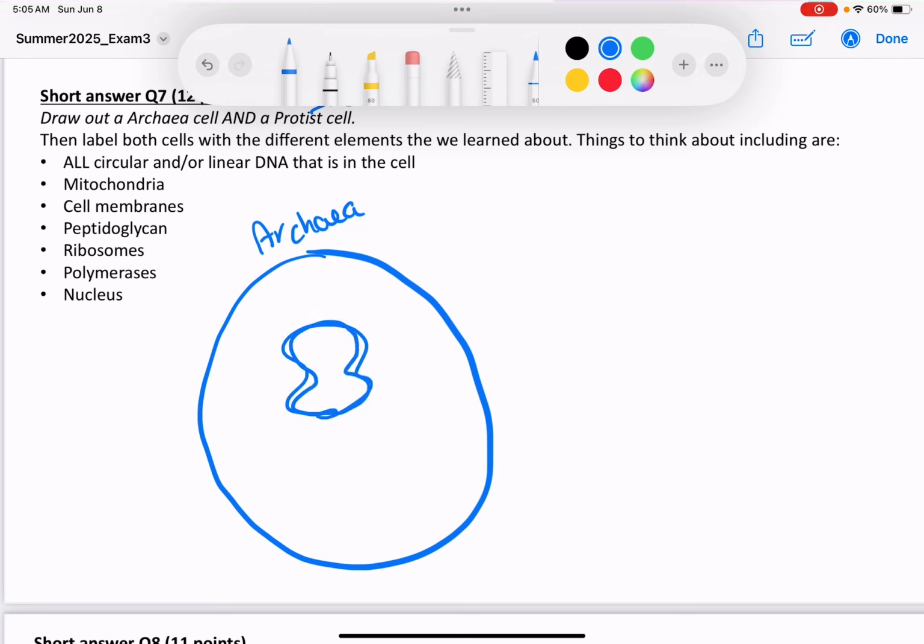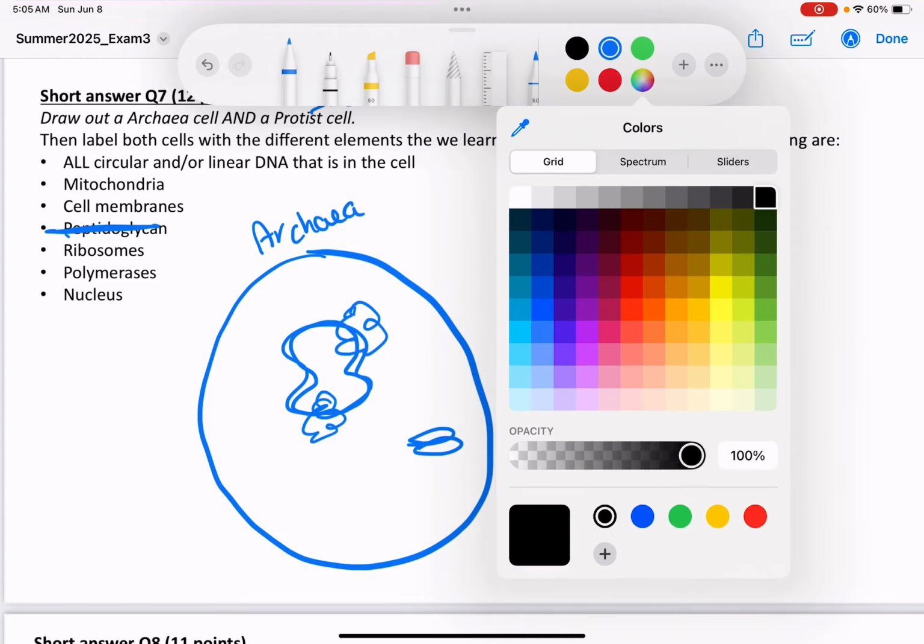It's going to have complex ribosomes. It won't have any mitochondria. It does have that cell membrane that I already drew. It does not have any peptidoglycan. Neither of these have peptidoglycan. It's going to have RNA polymerase and DNA polymerase on them, maybe if it's being copied, but no nucleus.